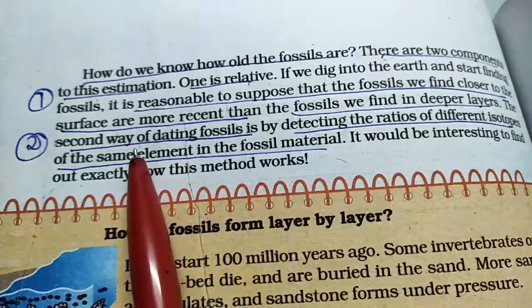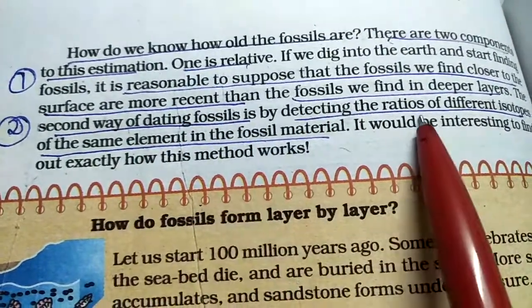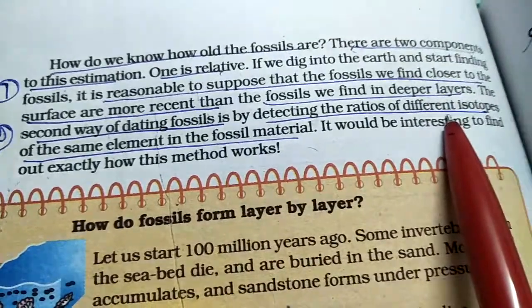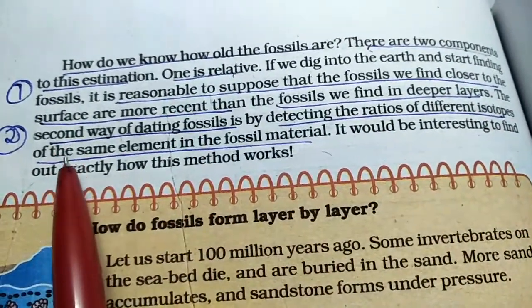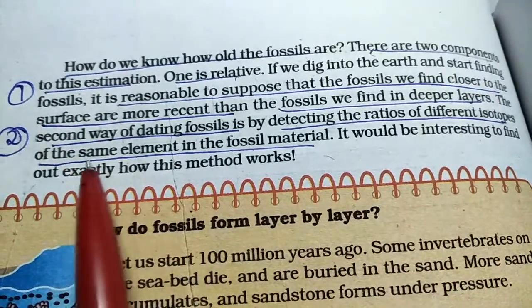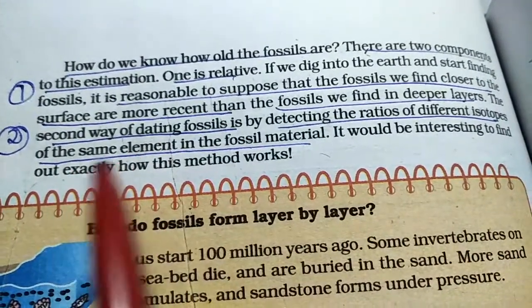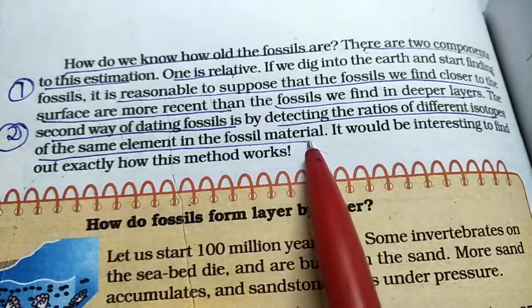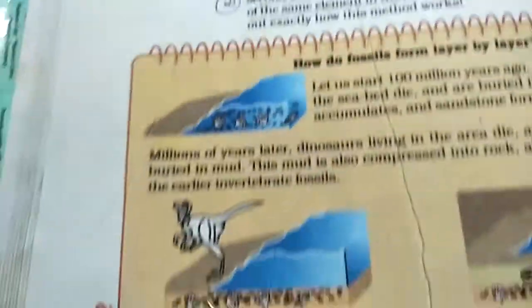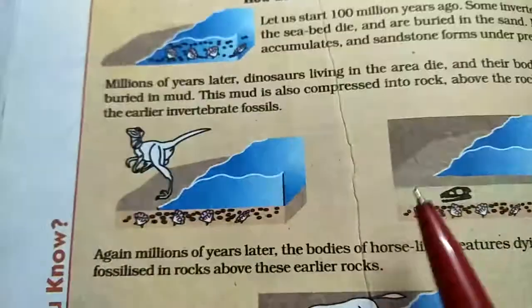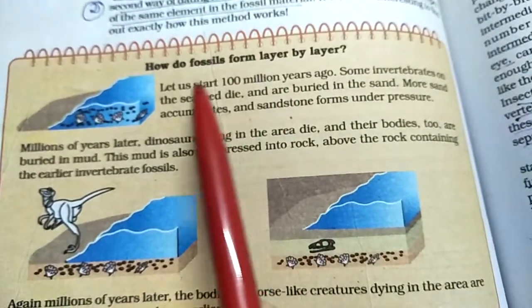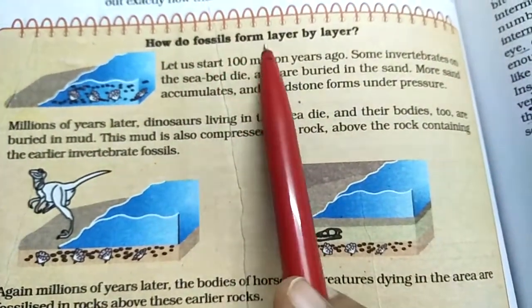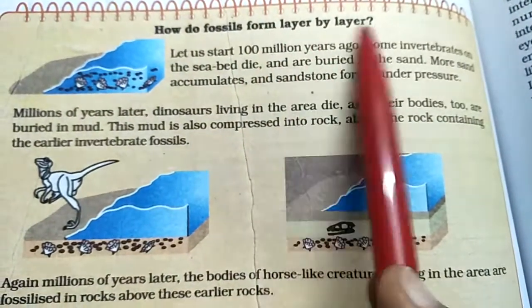The second way is dating of fossils by ratios of different isotopes. There are different radioactive isotopes of the same element in the fossil material which are used to find how old the fossil is. Now there is a 'Did you know' on this page. Just go through it, it will help you understand fossils better and how they are formed layer by layer.